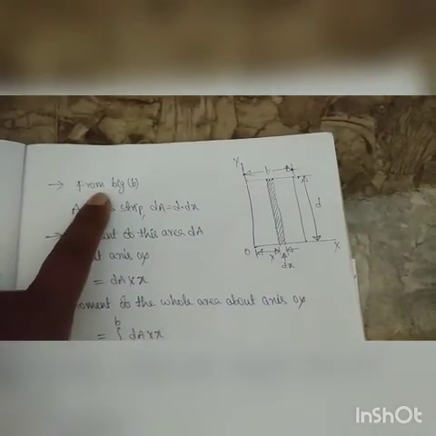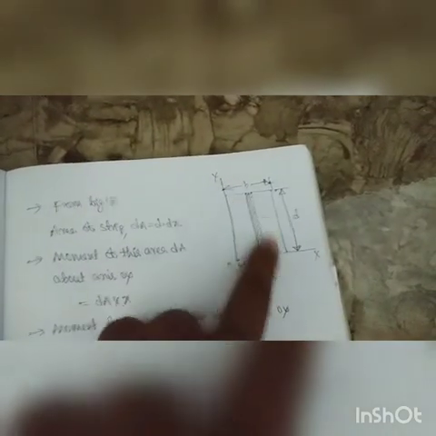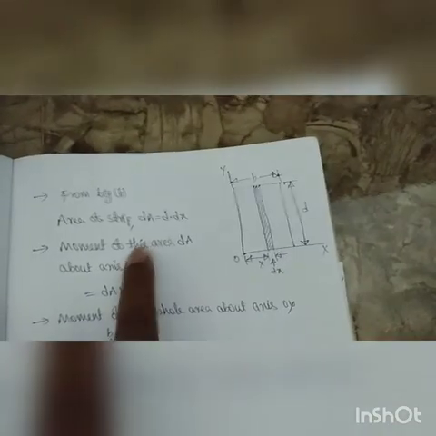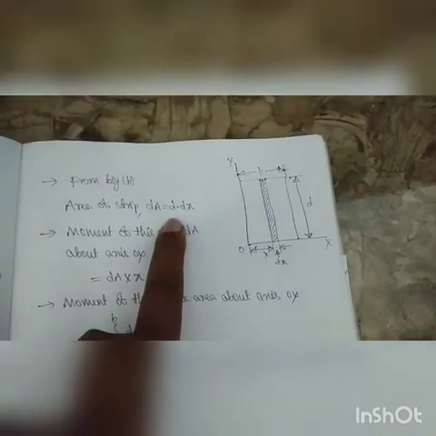By observing the figure, the area of the elemental strip dA is d into dx. Hence I am writing dA is equal to d into dx.